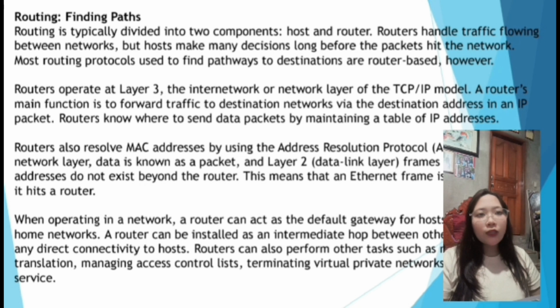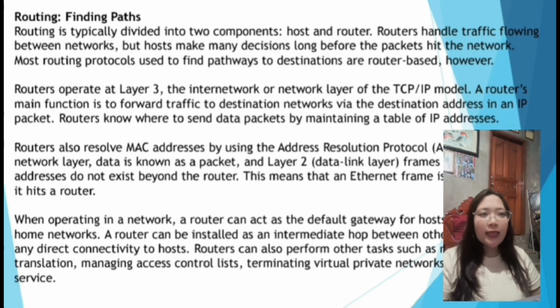However, routers operate at Layer 3, the internetwork or internet layer of the TCP/IP model. A router's main function is to forward traffic to its destination by viewing the destination address in the IP packet.